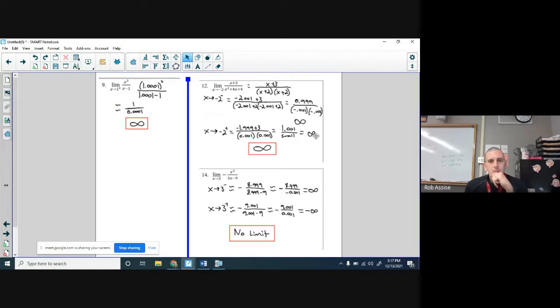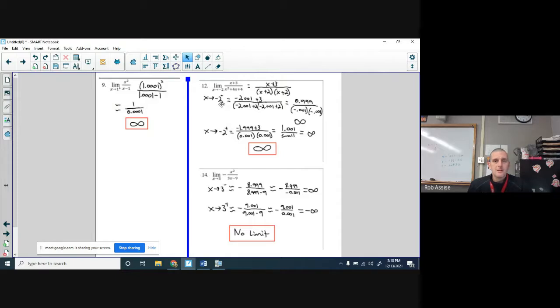So here with number 12 and 14, these are examples where we'd have to look at it from both sides, because in order for a limit to exist, it has to approach the same value from the left and right side. So we have to evaluate number 12 approaching -2 from both the left and from the right.